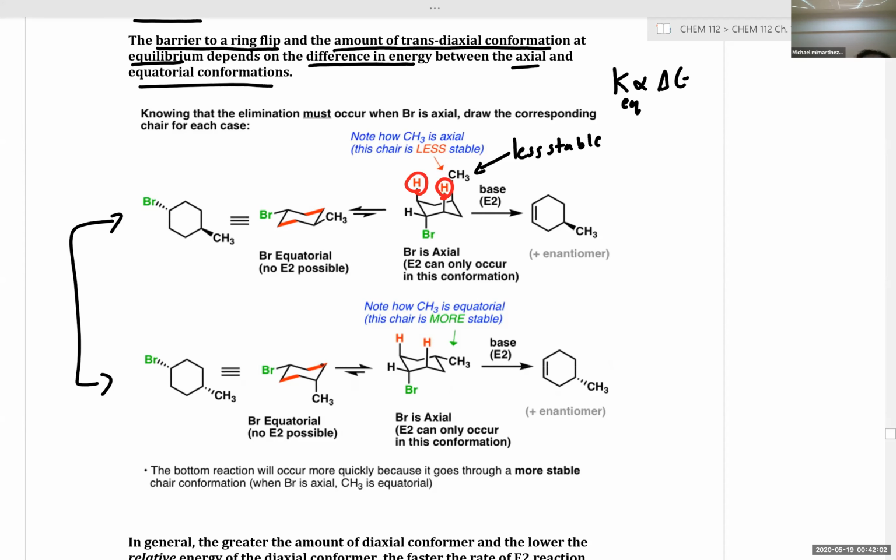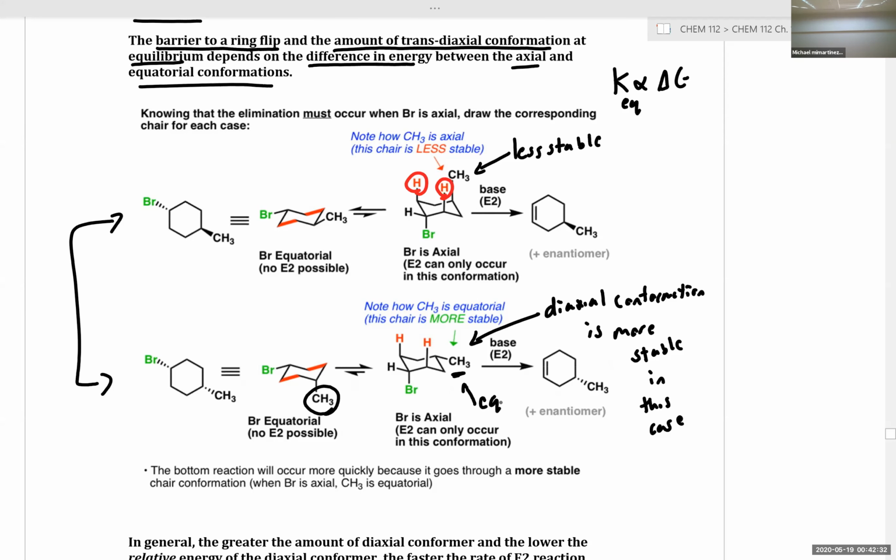When this second compound, which has an axial methyl, undergoes a ring flip, the diaxial conformation is more stable in this case. Does everyone see why the diaxial conformation is more stable for our second compound? Because our methyl group is now equatorial.